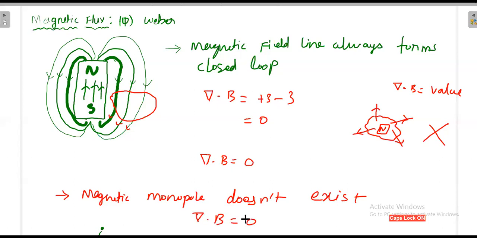It exists only in the dipole format, whereas in the case of an electric field, an electric monopole, that means either a positive charge alone or a negative charge alone, is possible. But in the case of a magnetic field, it is not possible. Whenever N is there, definitely S will be there. So always del dot B is equal to 0. Next, magnetic flux density.